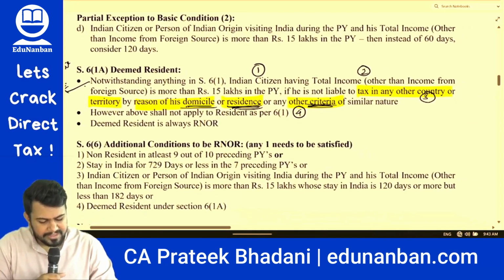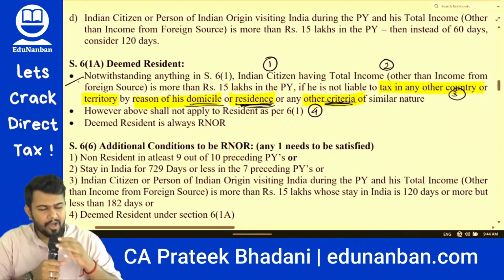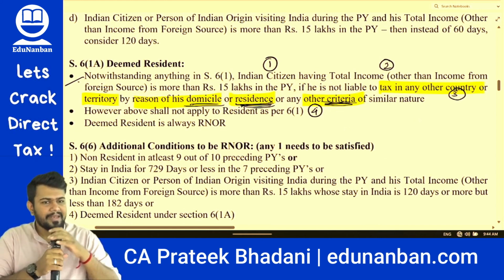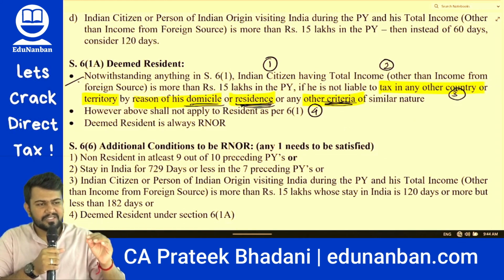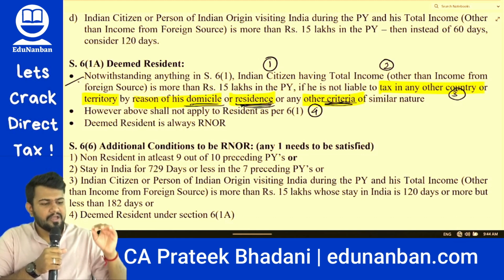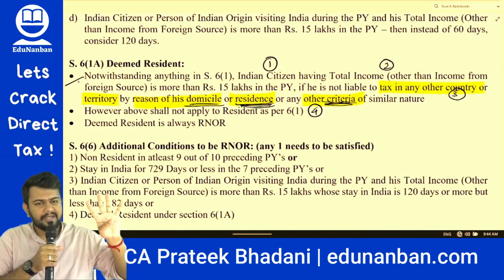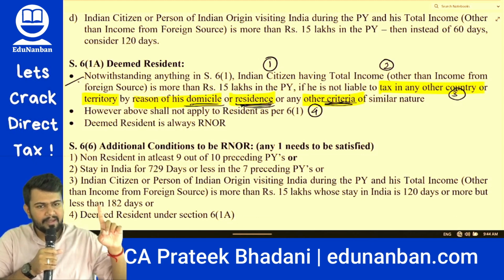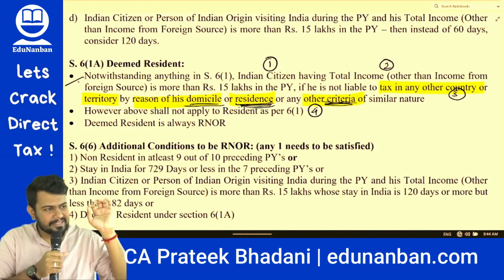Next, who is deemed resident? Notwithstanding anything contained under 6 subsection 1, deemed resident is given under section 6(1A). You need to satisfy 4 conditions to become deemed resident. Number 1, the assessee should be an Indian citizen.